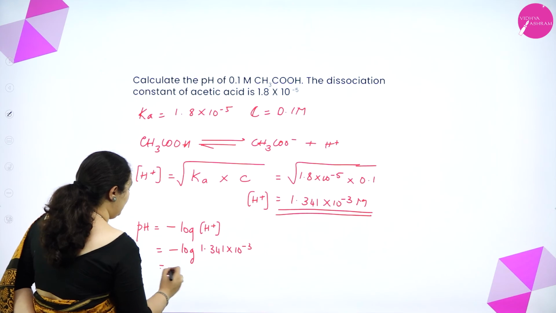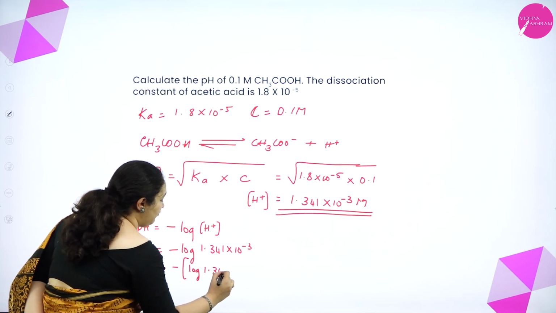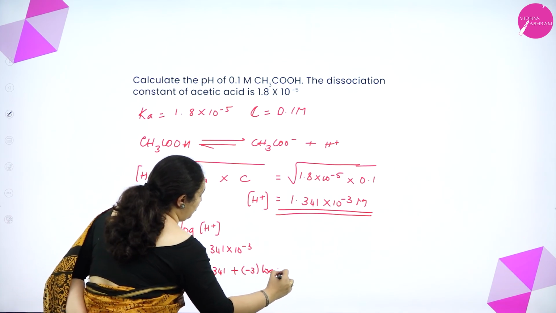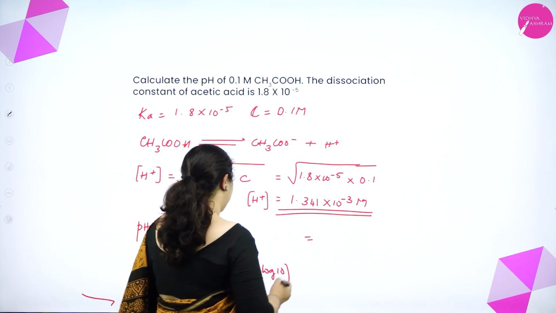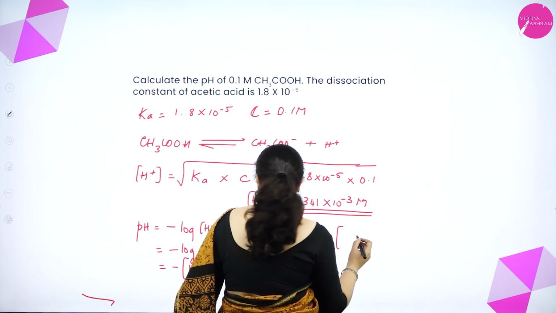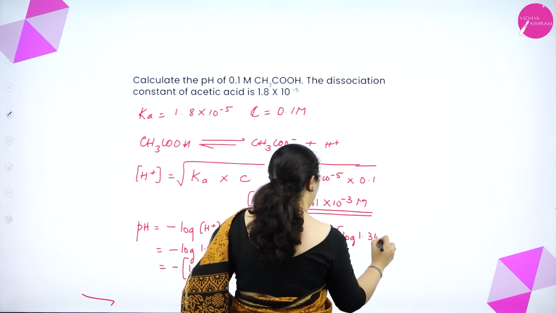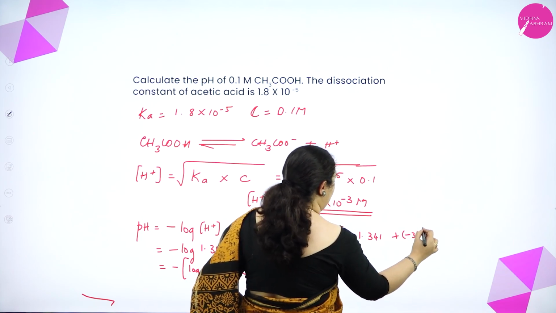Now for this one I'll take minus outside, it will be log of 1.341 plus minus 3 log 10. So this value will be equal to minus log of 1.341 plus minus 3, correct?